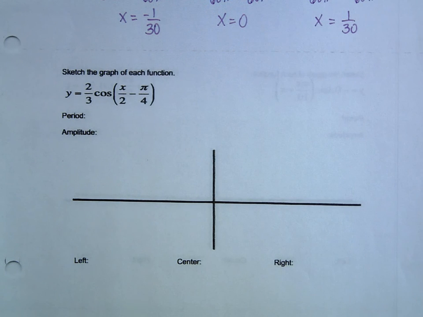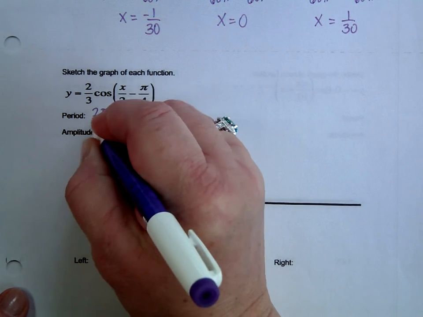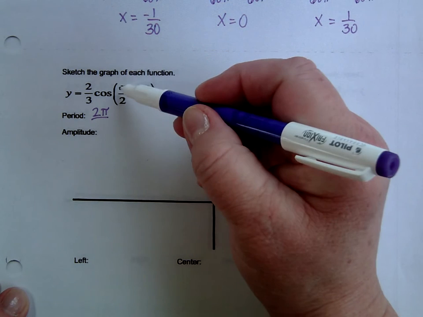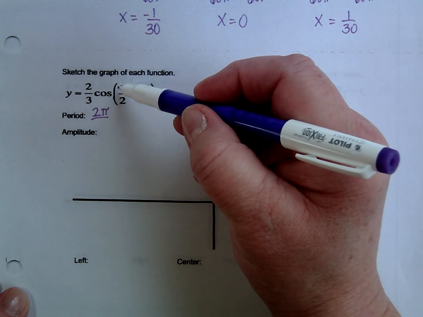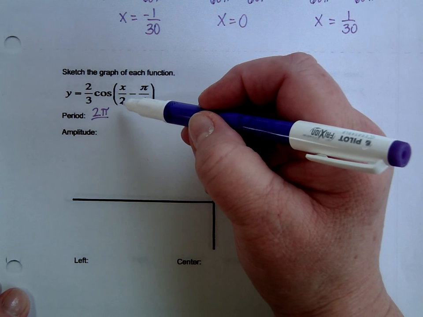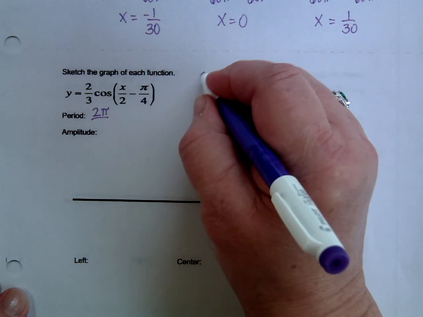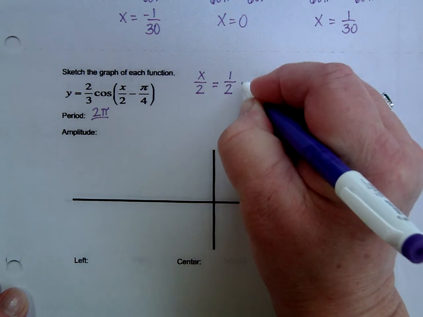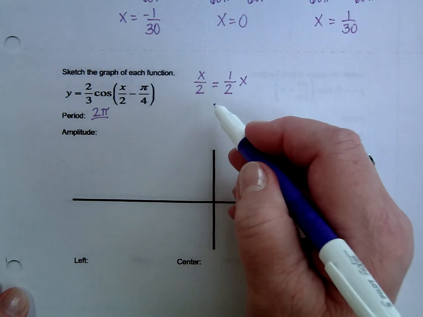All right, so here goes. Period. Period is 2 pi divided by b. Now b's a little tricky in this case because b would be the coefficient on the x, and there really is just a 1 in front of there, but there's this crazy 2 in the denominator. So what I really have, if I have x over 2, is the same thing as 1/2 x. Because the 2 has to be in the denominator.